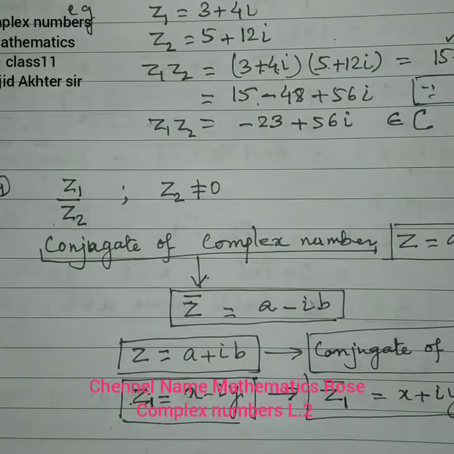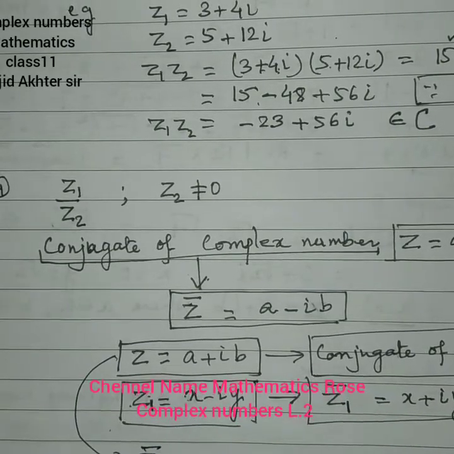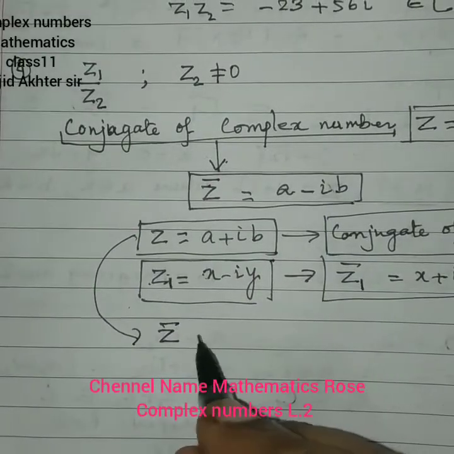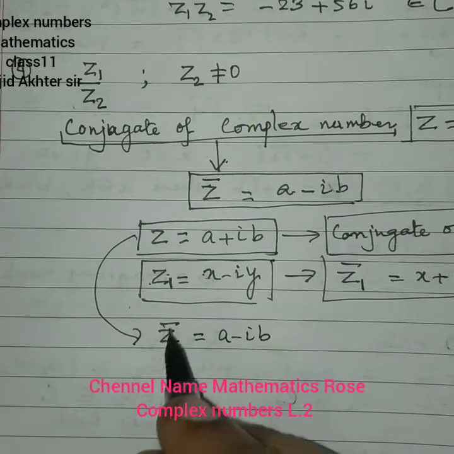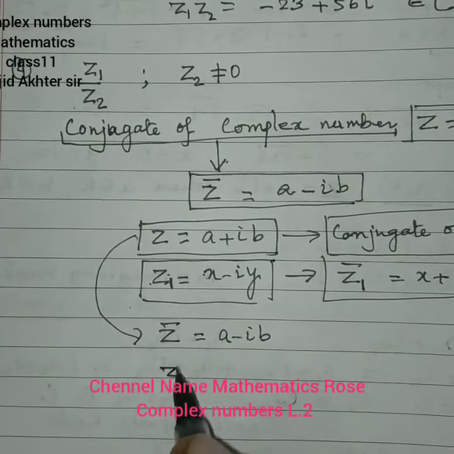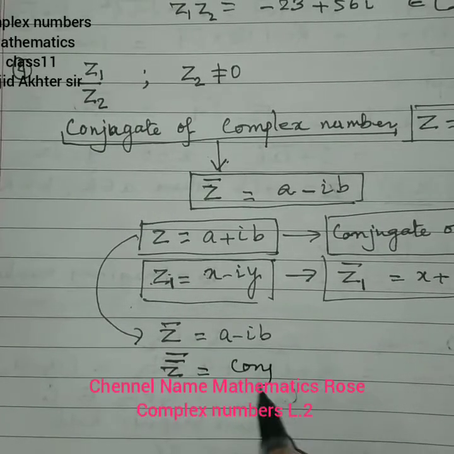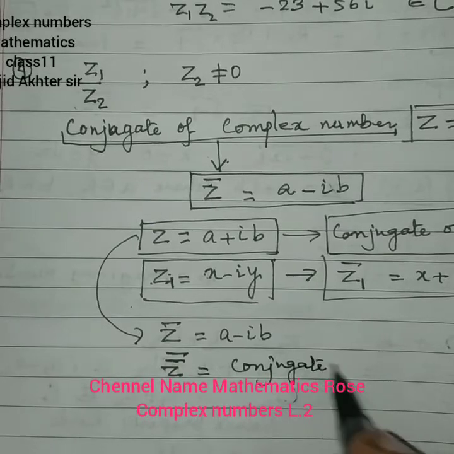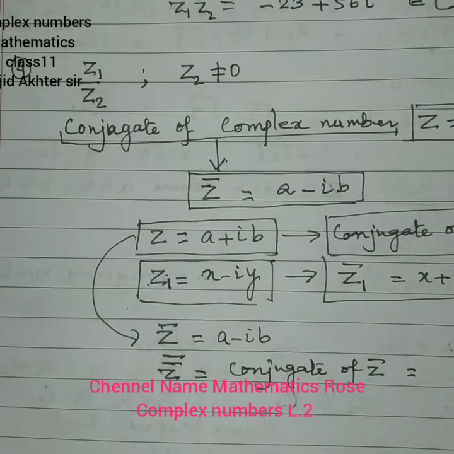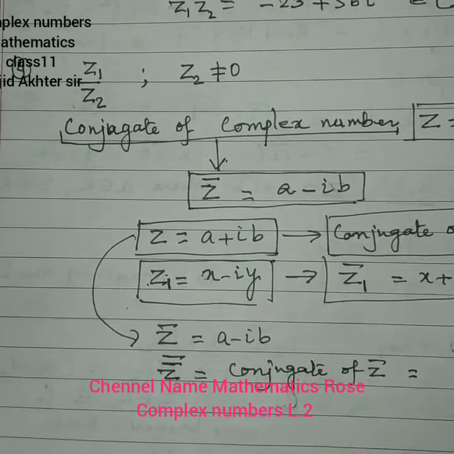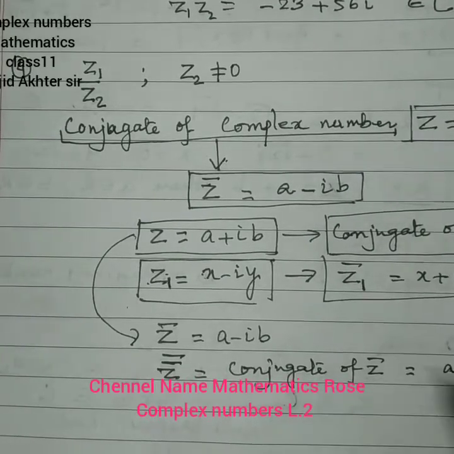अब देखिए, अगर मान लेते हैं z का कॉन्जुगेट z bar है, तो यहाँ पे a माइनस ib है। अगर इसका कॉन्जुगेट, यानी कॉन्जुगेट ऑफ z bar ले लें, तो बार में फिर बार दे देंगे। This is the conjugate of z bar, which is the conjugate of z, and then we are taking the conjugate of z bar, so again it is coming a plus ib, so again it is coming z.